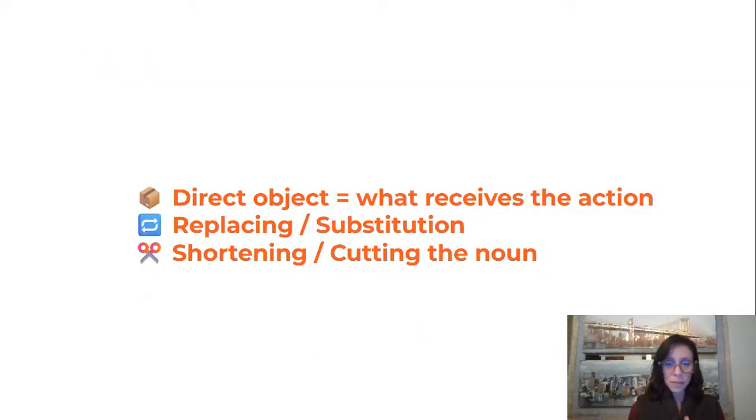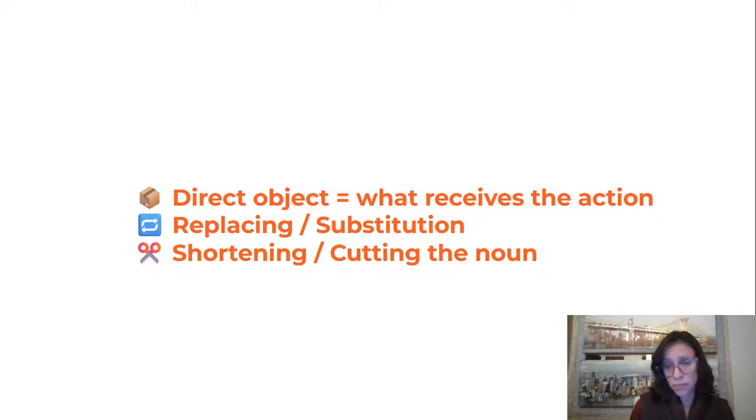Summarizing all this information that I just shared, the direct object represents what receives the action. It can be an object, it can be a person, okay? Because I can perfectly say something like, I see my dog.